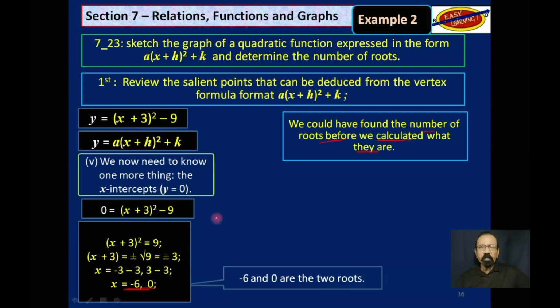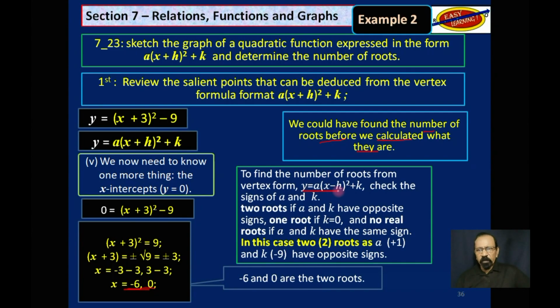But if all you wanted was to find out how many roots that equation has, looking at this vertex format, you would check the signs of a and k. It would have two roots if a and k have opposite signs, one root if k is equal to 0, and no real roots if a and k have the same sign.